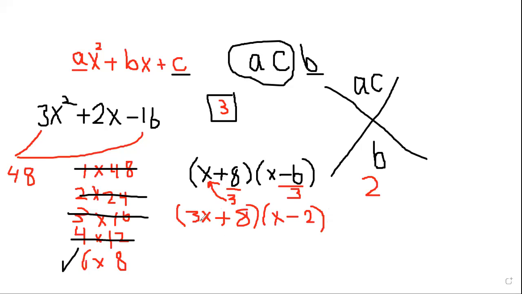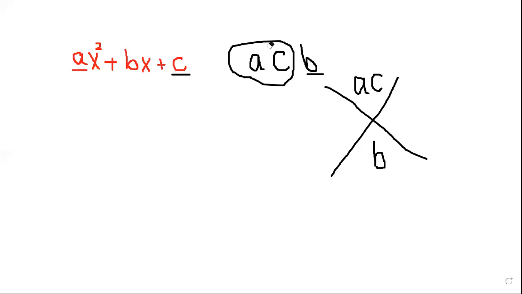If I want to check whether my answer is correct or not, 3x times x, it will be 3x squared. The outer, negative 6 plus 8, it will be 2, and 8 times negative 2 will equal negative 16. We will use the FOIL method to check our answer.